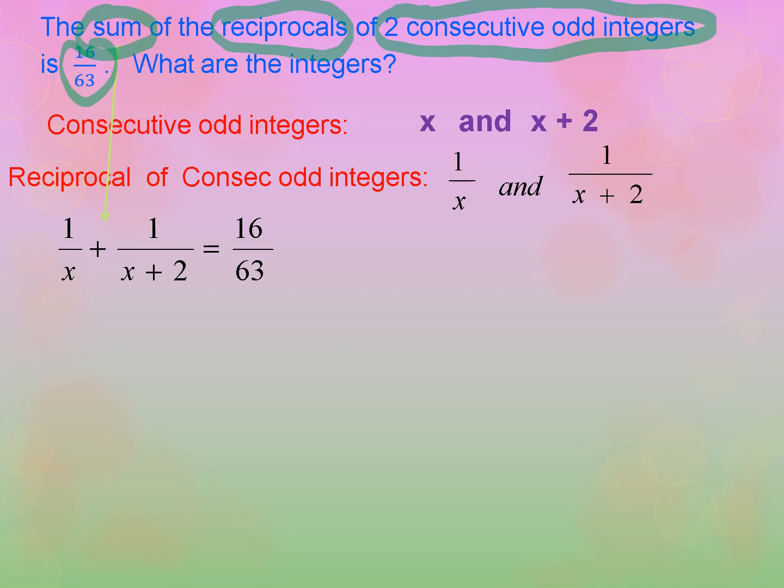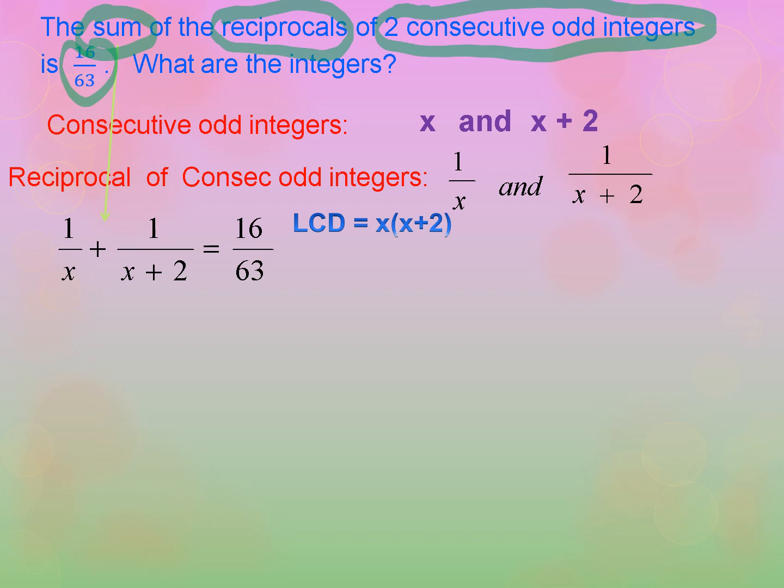Or you can do a common denominator of the left side, combine it into one fraction, and then cross multiply because it's a proportion. I think that's what we're going to do. So let's go with the LCD of x and x plus 2. Now, if you'd rather solve it by clearing the fractions or getting a common denominator across the whole problem, you can do that.